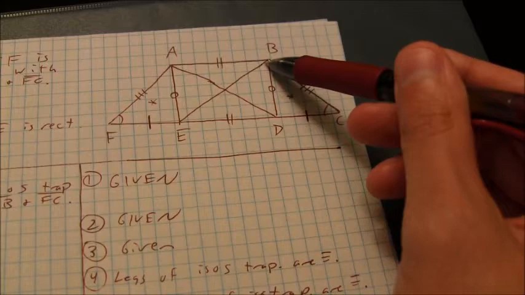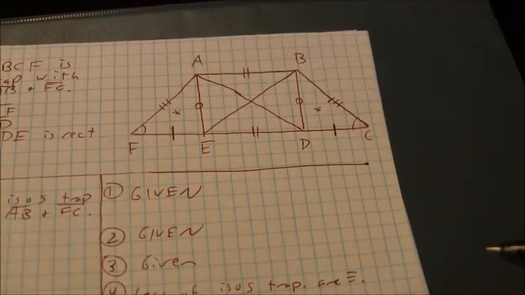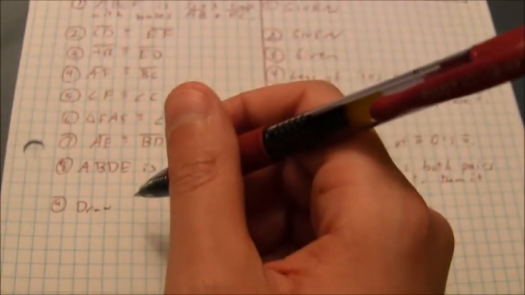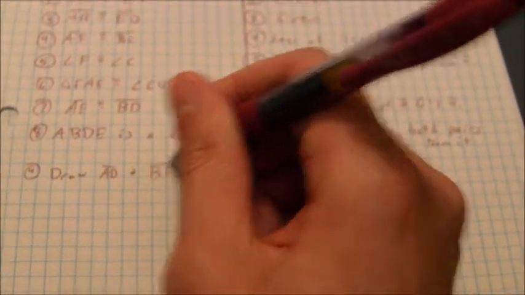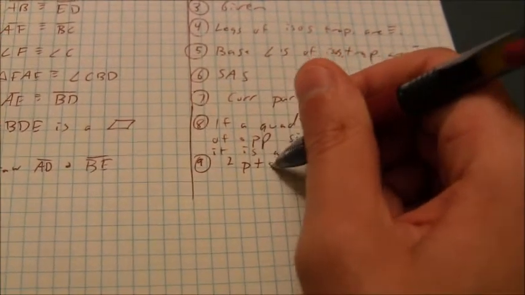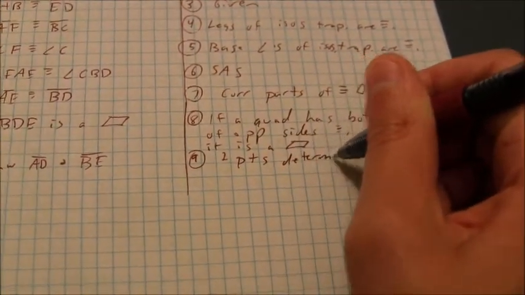Then I could show that those diagonals are congruent, and at that point I would have my rectangle. So the way I'm going to do this is, of course, first of all I need to draw those segments. So I'm going to draw AD and BE, 2 points determine a segment.